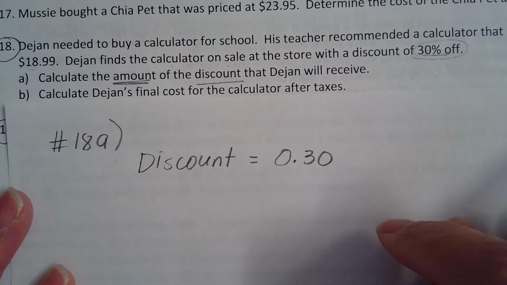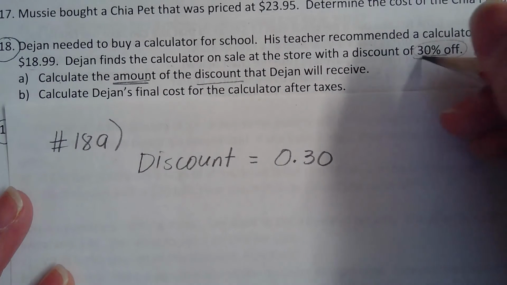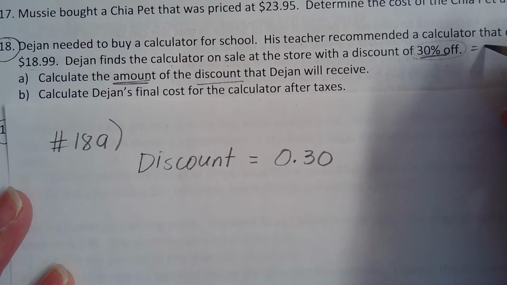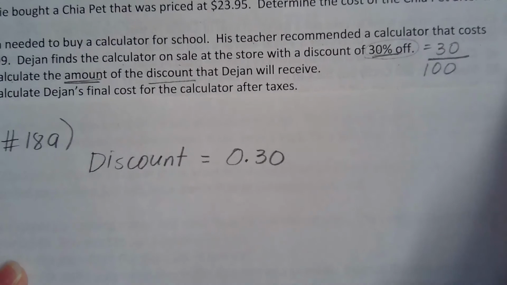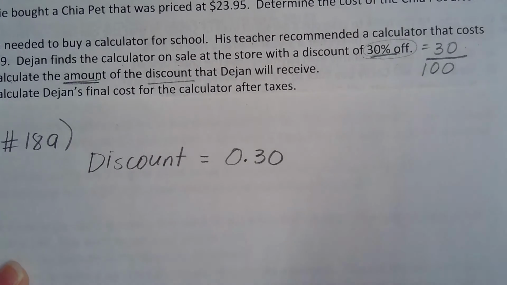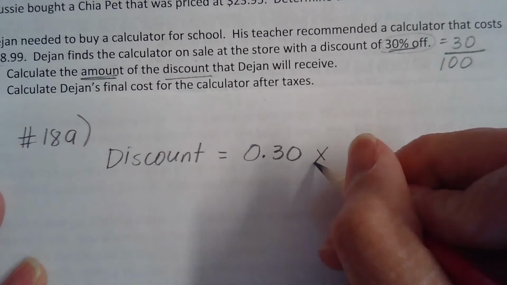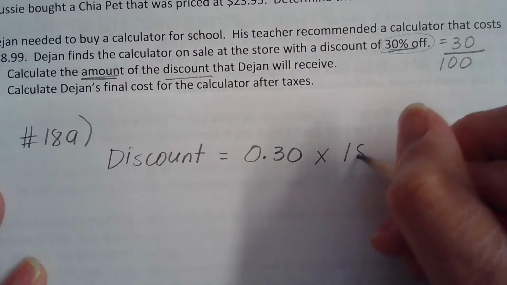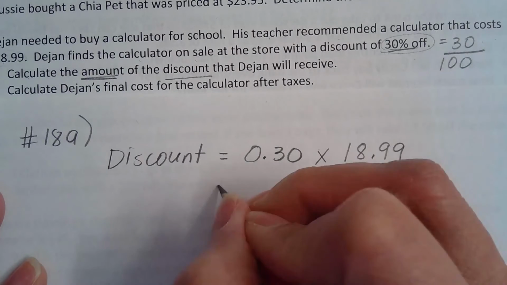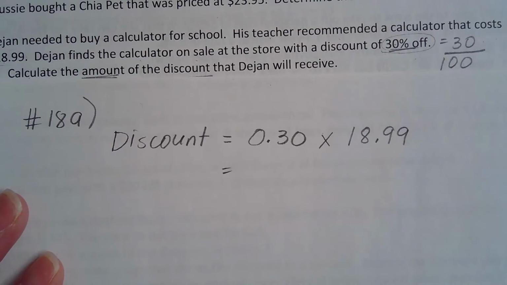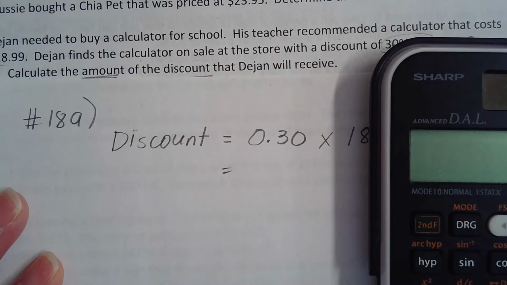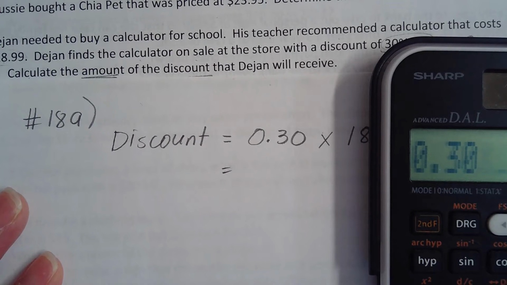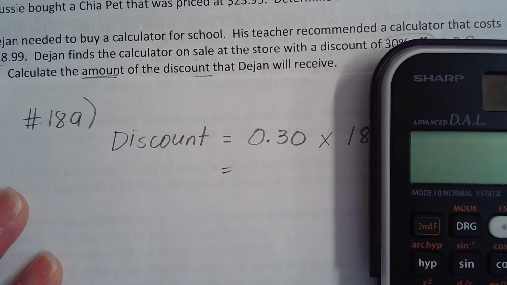The reason why it's 0.30 is because 30% means 30 out of 100. So 30 out of 100 is 0.30 times the original amount, $18.99. Let's figure that out. So 0.30 times $18.99.